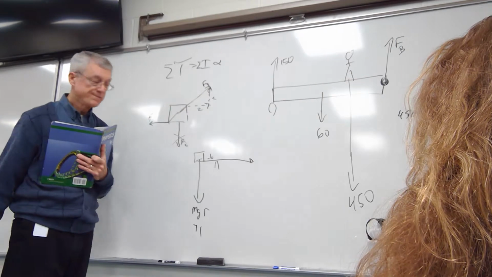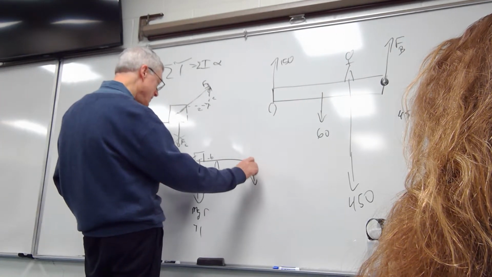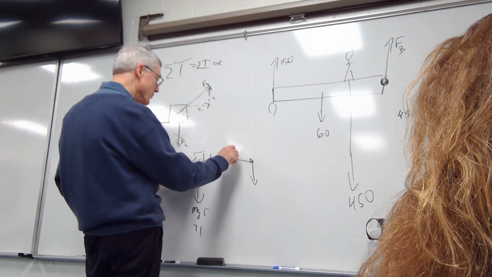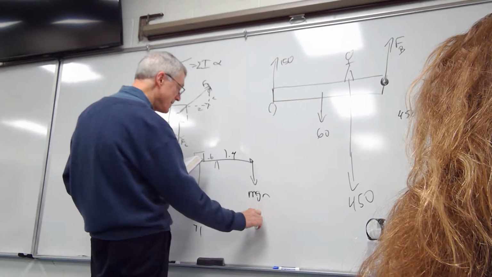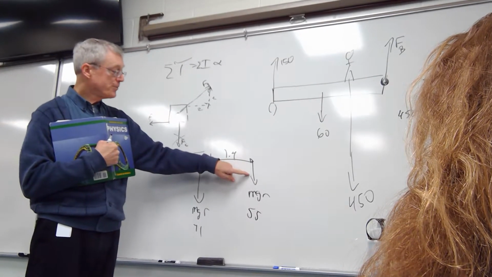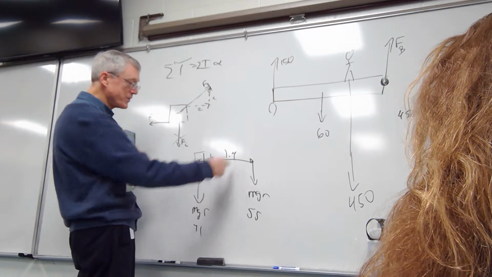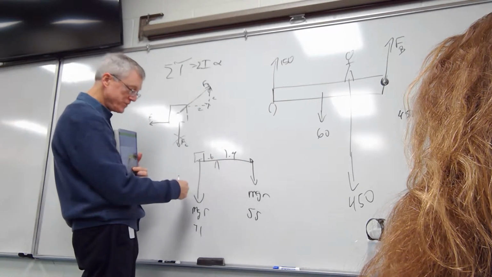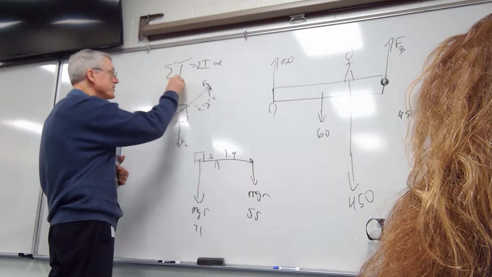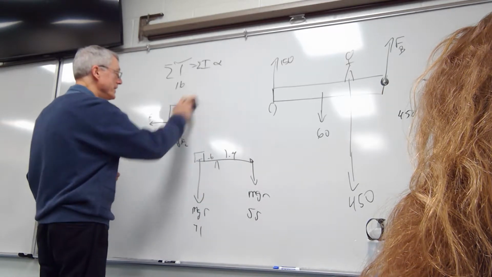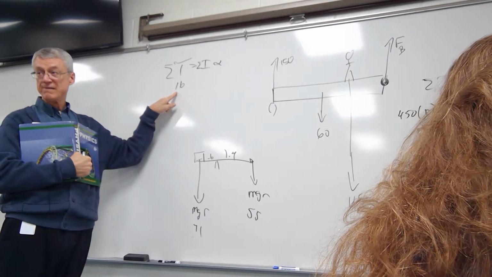Over here, it was only 4 kilograms, but this was 1.4 meters. So that mgr added up to 55. It's the mass times 9.8 times r. So the net torque, because they're in opposite directions rotationally, is 71 minus 55. So the net torque was 16.